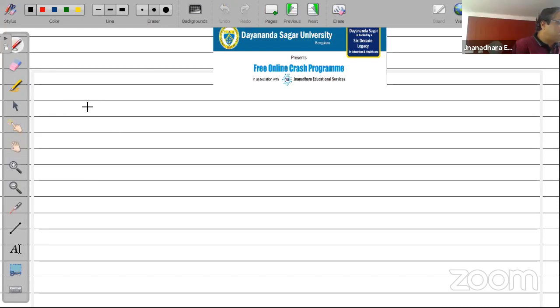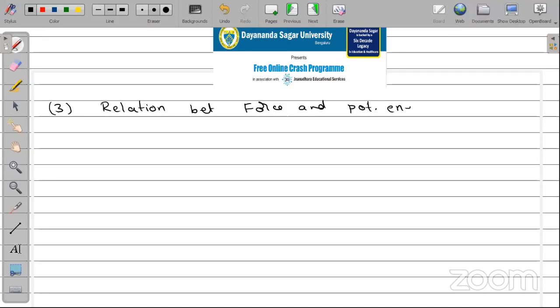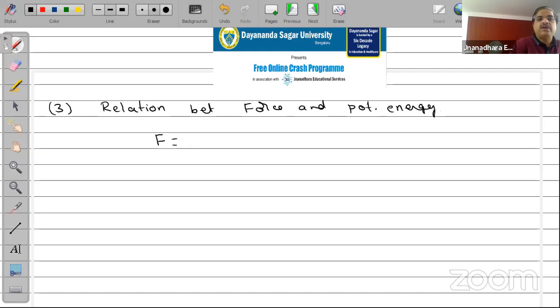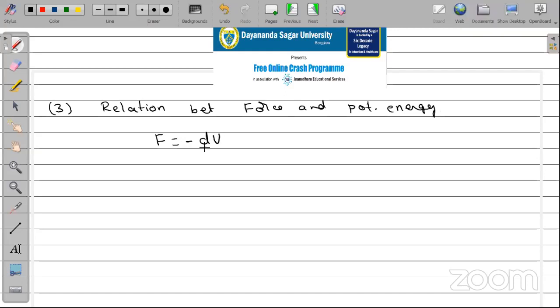Now, another idea here in the potential energy part is the relation between force and potential energy. F is given to be minus dU by dx.